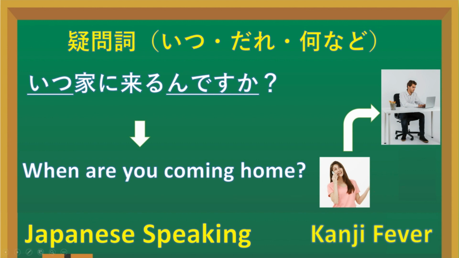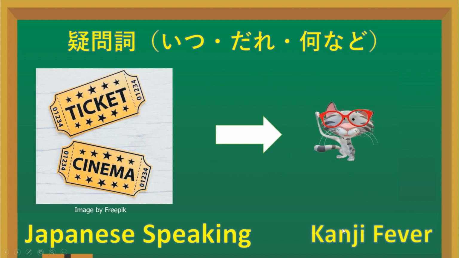Okay, so let's move to the next example. Let me explain the scenario. Your friend has 2 cinema tickets and you would like to ask him with whom he is going to watch the movie. So how will you ask the question? With whom means dare and you are going means iku.